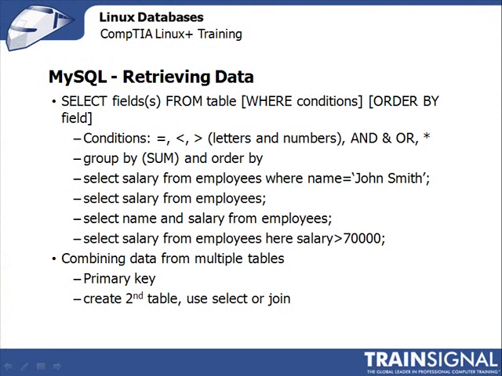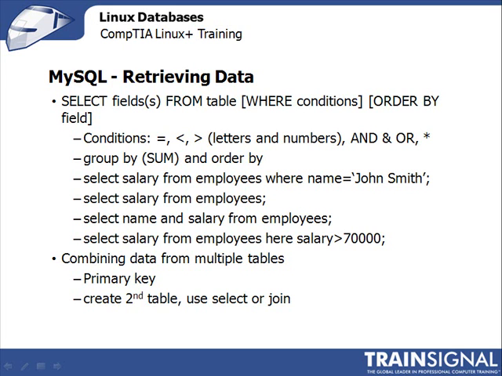Storing information in a database is pretty useless without the ability to retrieve, sort, and manipulate that data. We've actually already used the select command to take a look at the data we have stored in a table, but we used it at a very high level, and there's actually much more you can do with it. The syntax is select fields from table, where conditions, and order by field.